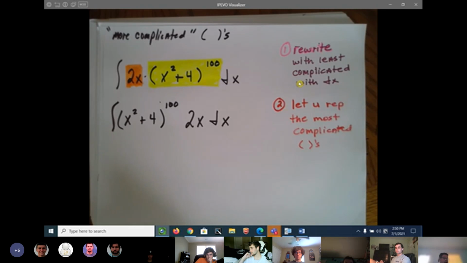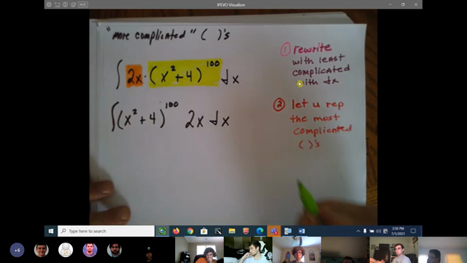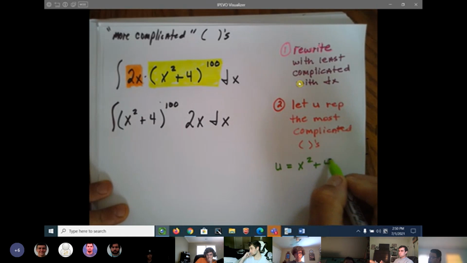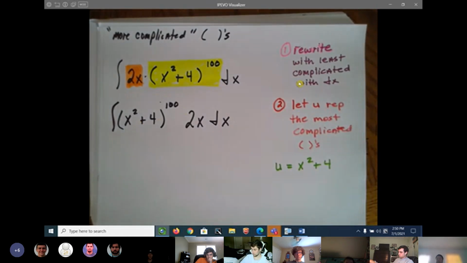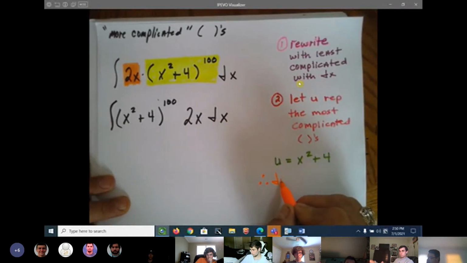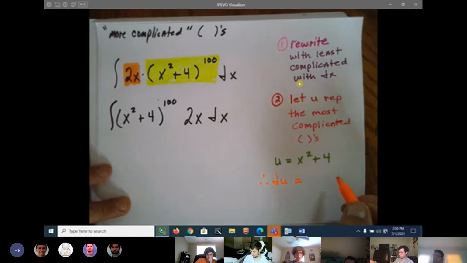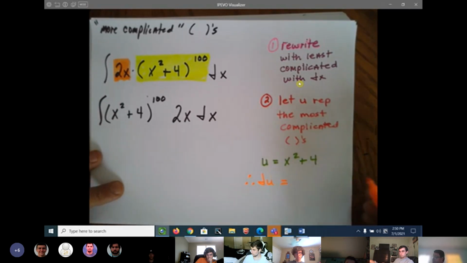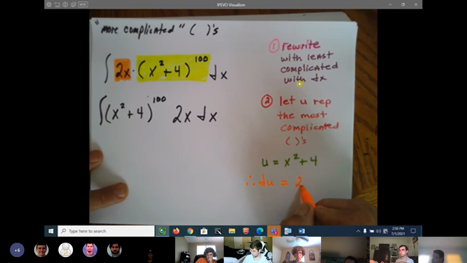So I'm going to take my green marker because I'm going to take the derivative of it. So I'm going to let u equal x squared plus 4. Therefore, du is equal to, what's the derivative of x squared plus 4? 2x dx.